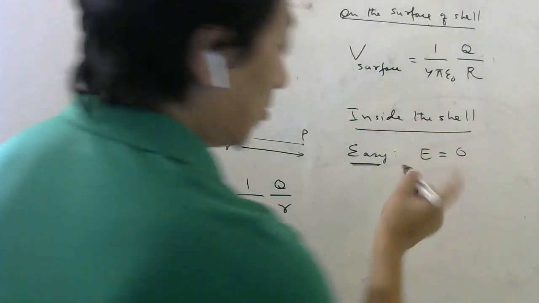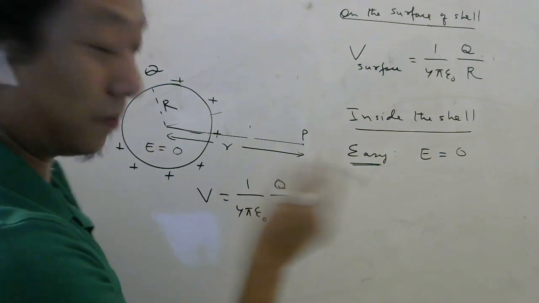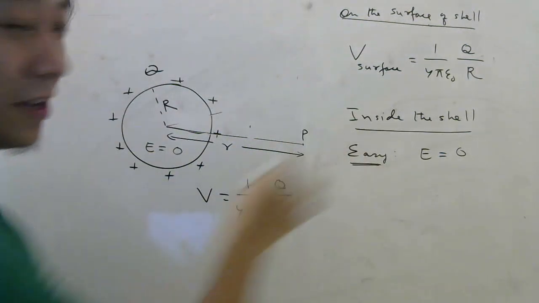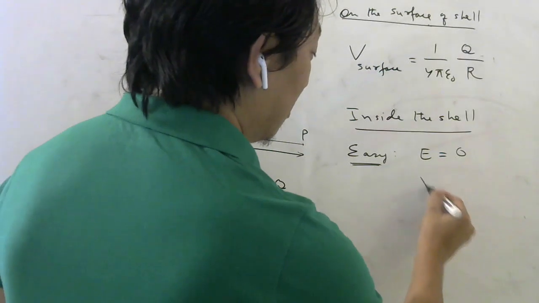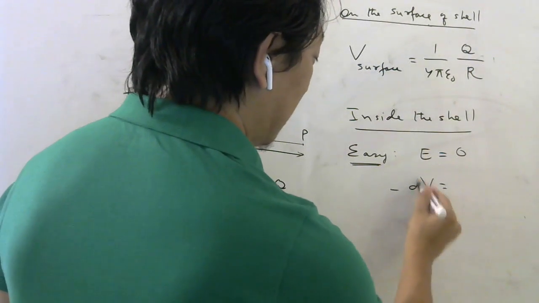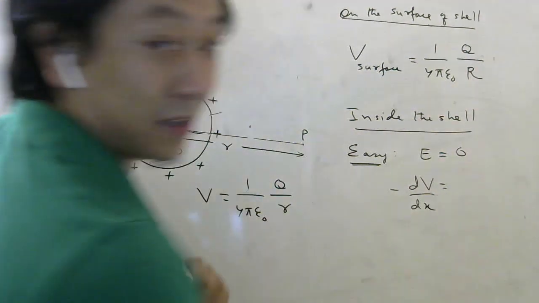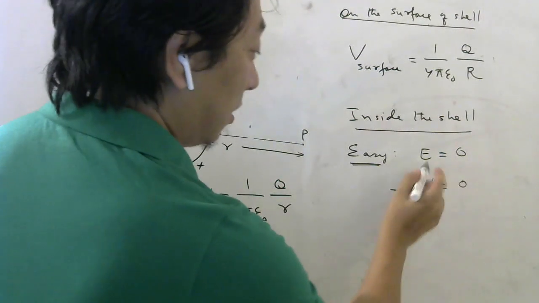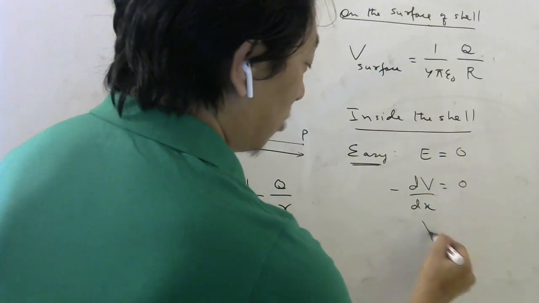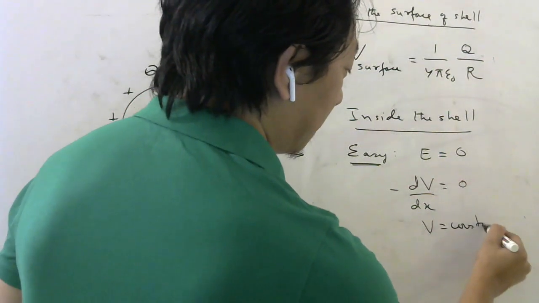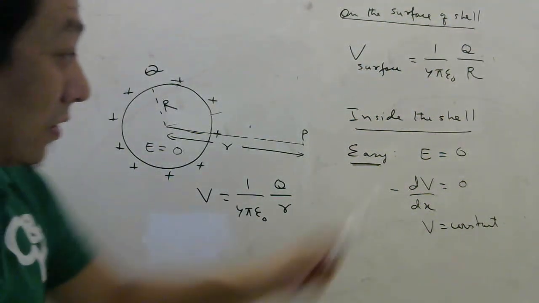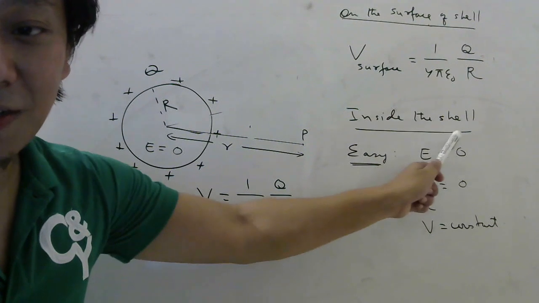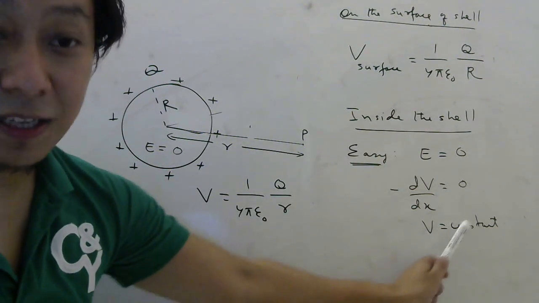Now, just a few minutes back, when we were discussing the relation between electric field and potential, what is electric field? Minus dV by dx, so that should be zero. So if dV by dx is zero, what should V be? Constant. So a very interesting result: electric field is zero inside the spherical shell, but potential is constant.